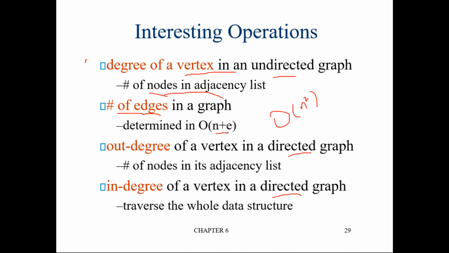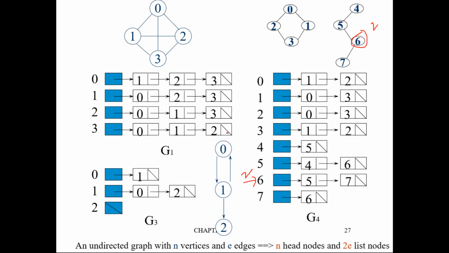You may ask, how is that? That is better understood with a directed graph rather than an undirected graph. Here n is the number of vertices, and e is the number of edges.